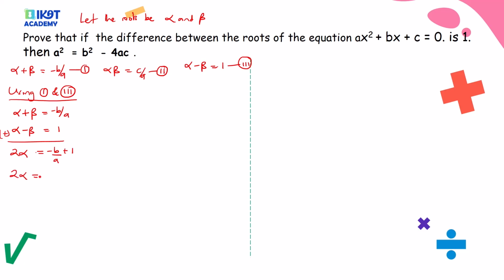So I simplify this. This is negative b plus this. So finally alpha will be negative b plus a out of 2a. Then I also come and say, still using 1 and 3, but this time I'm going to be eliminating something else.